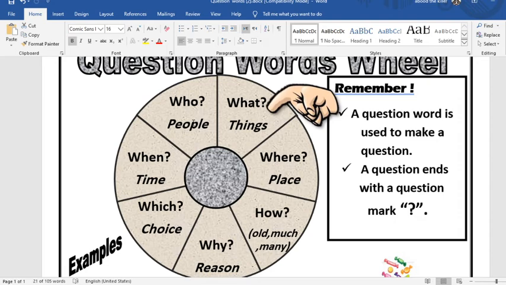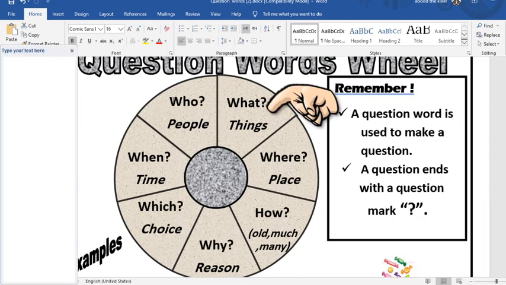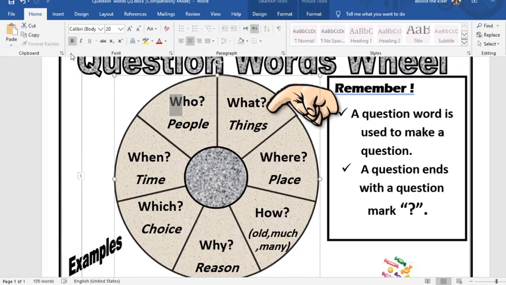So the answer should be a person. Notice please that the W in who is a silent letter, a ghost letter. So we agree together, we use who to ask about people.